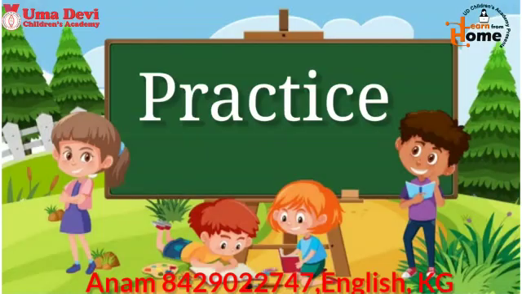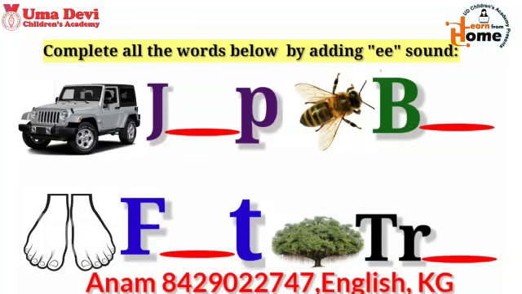Now let's do some practice. Children, what do you have to do in this work? Complete all the words below by adding E sound. Here are some words that you have to complete with the help of E sound. Now look at first picture. Tell me what can you see in this picture? Jeep. So look at first sound.